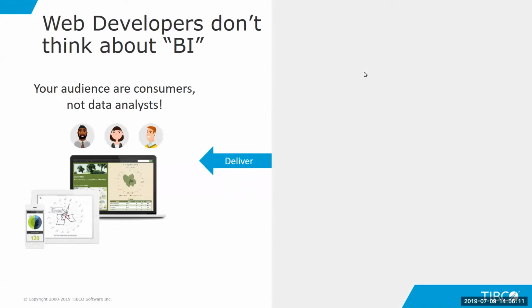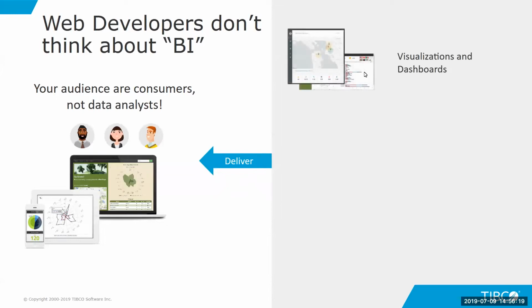And from the BI platform perspective, there are a couple of things that we see web developers need. First off, you need those visualizations and dashboards presented in context, okay? Very specific to who's looking at it, basically, right? A lot of the time we hear people saying, I've got some visualization or some part of my application, I just want you to give me data to support that user experience.